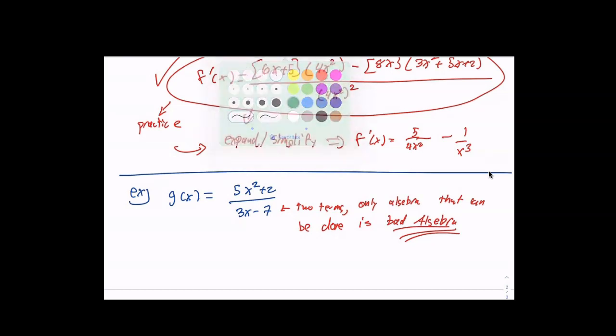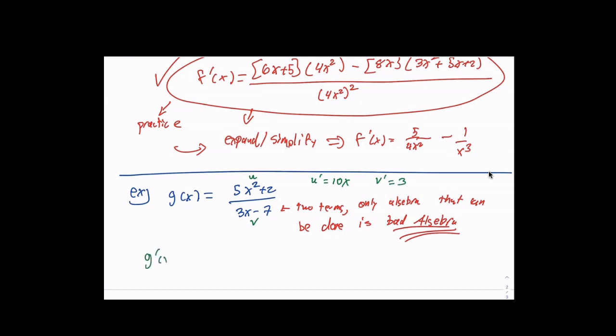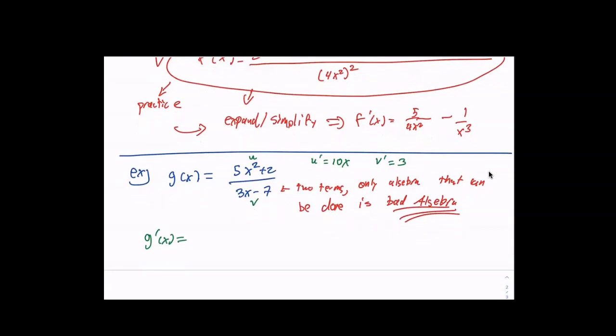So, I identify my u, I identify my v. u prime, oh, that's 10x. v prime, oh, that's 3. And so can I get somebody to tell me now what the derivative of this function is? Just the rule. You're just copying the quotient rule.